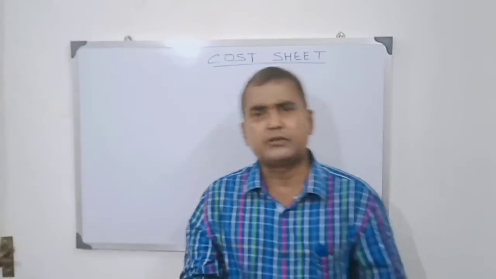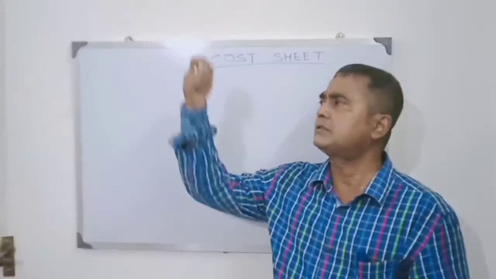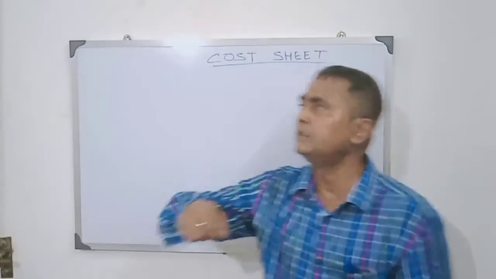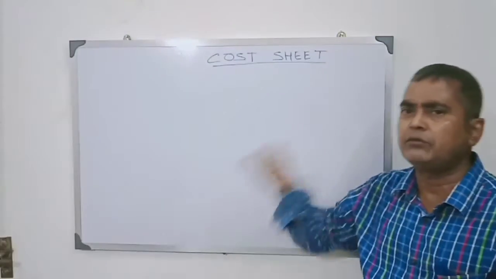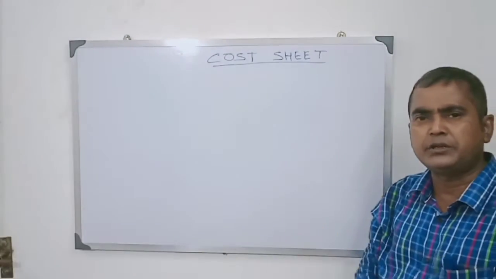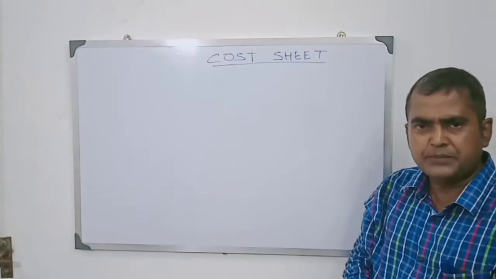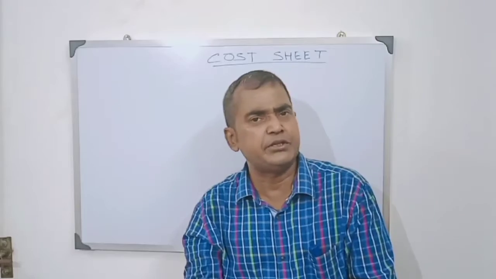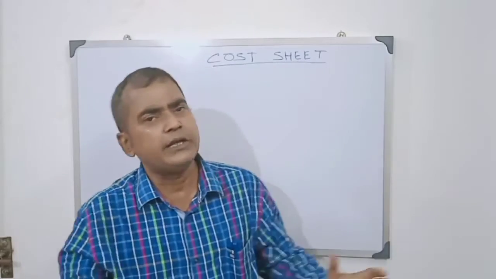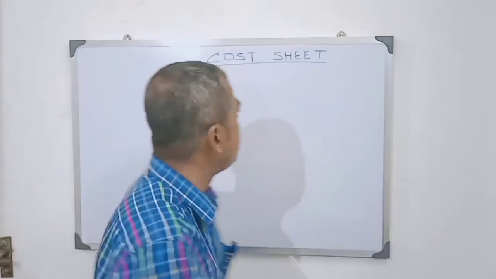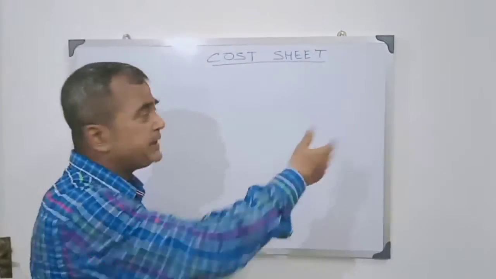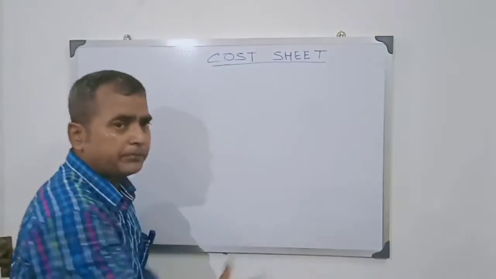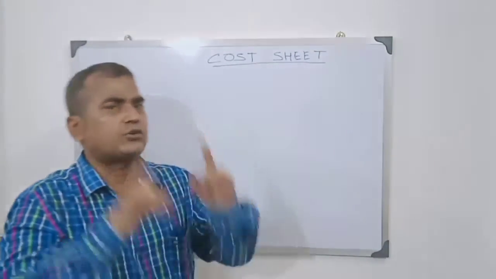Now, in short, there is financial accounting, cost accounting, and financial management or management accounting. So we classify accounting under 3 major heads. Here we are doing cost accounting. Now cost sheet is a statement showing the total cost of production. There are two purposes.